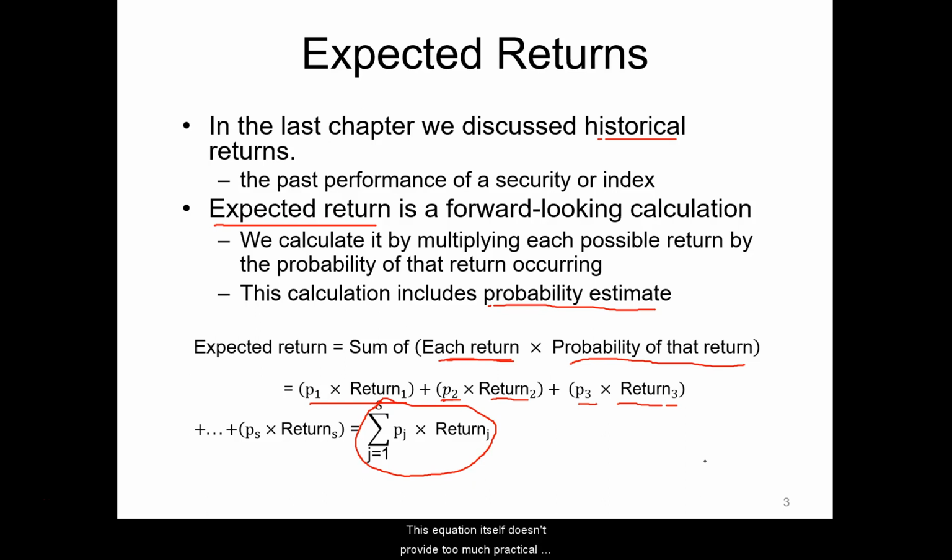This equation itself doesn't provide too much practical guidance in terms of how to really estimate the return in the future. However, under this idea, researchers can develop different models based on different statistical distributions about the probabilities and try to estimate the expected returns in different models. But again, that's a little bit too advanced for this class.